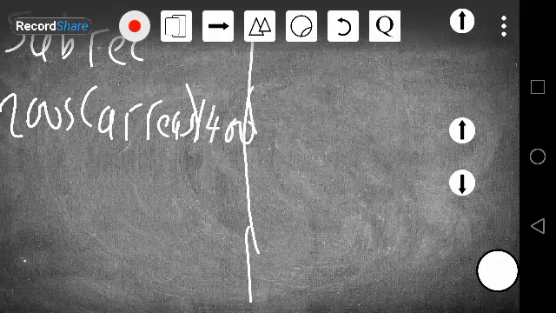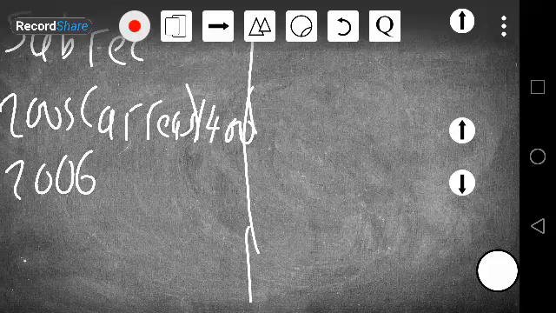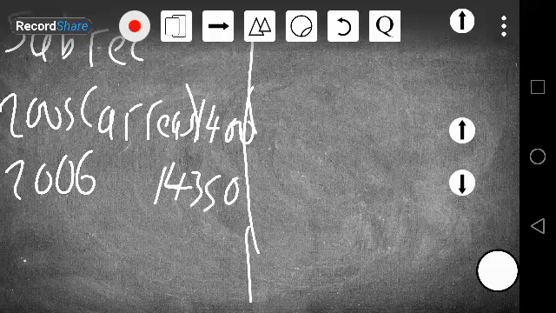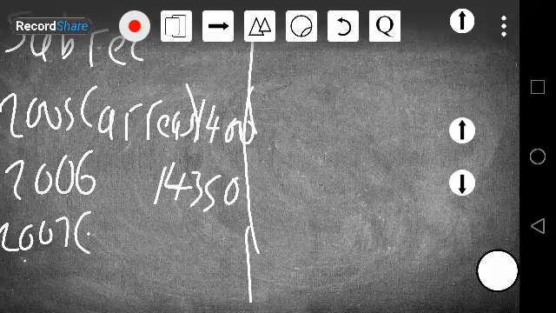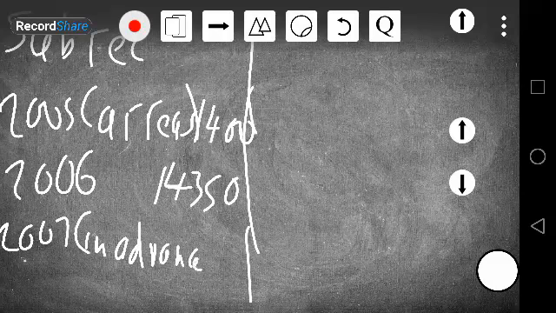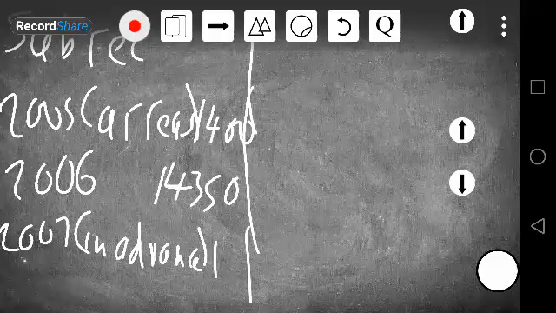Then in 2006, we have 14,350. Then 2007, with subscriptions paid in advance. That's 1,200.